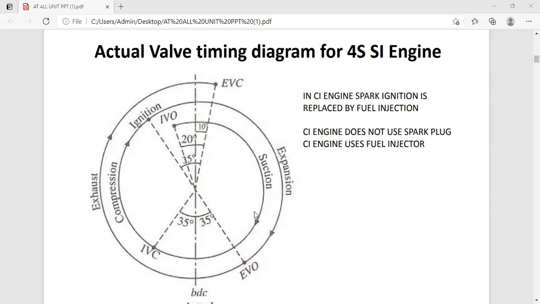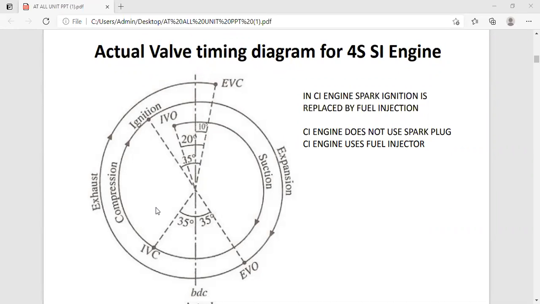We have discussed previously the suction stroke, from inlet valve opening to inlet valve closing; the compression stroke, from inlet valve closing to the spark; then the expansion stroke, from the spark to exhaust valve opening; and from exhaust valve opening to exhaust valve closing, the exhaust stroke.